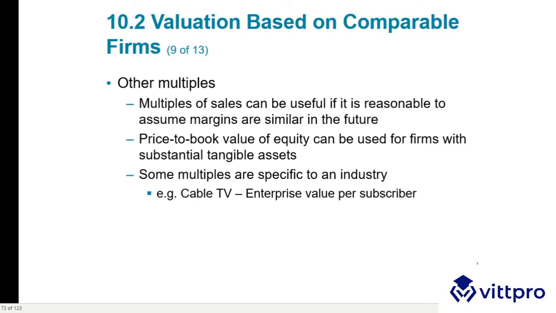Price to book value of equity can be used if they have a substantial amount of assets. It cannot be used for service companies or companies which are light on assets. Then you have some specific industries, like cable TV, enterprise value per subscriber. Technology companies, enterprise value per customer, per contract, per employee, per call center, and for a bank it can be per branch. So that's how the enterprise values are working.